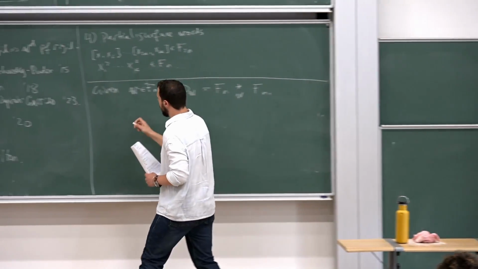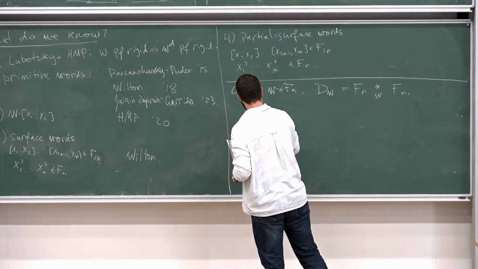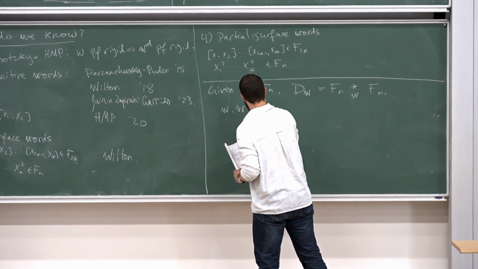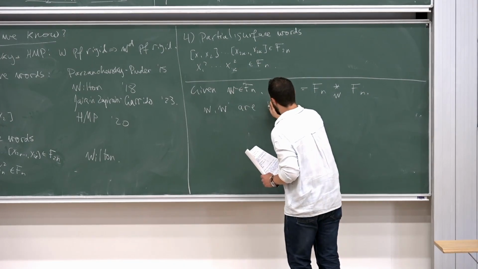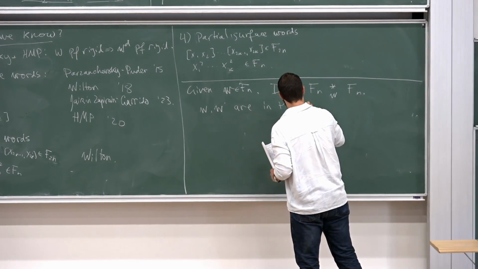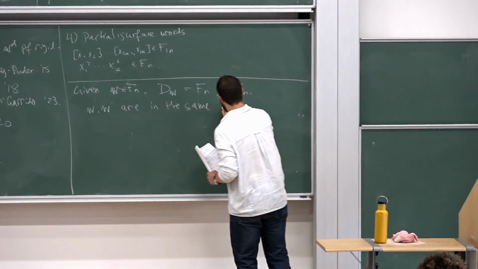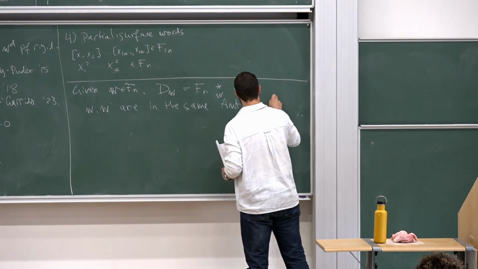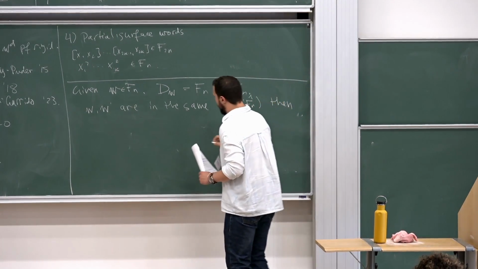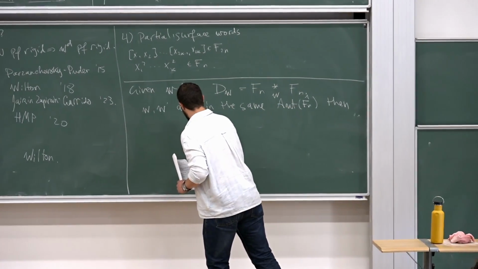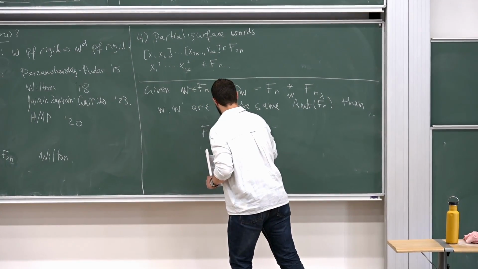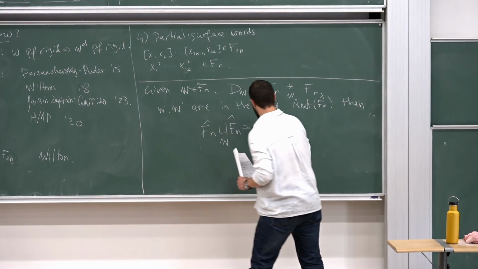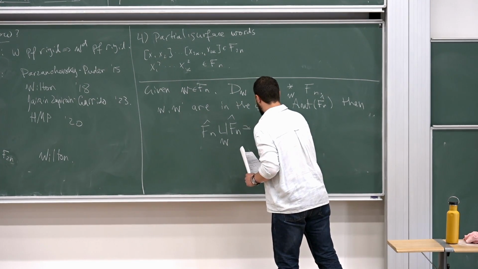Now it's not hard to see that if W and W prime lie in the same profinite automorphic orbit, then the corresponding profinite doubles are isomorphic.